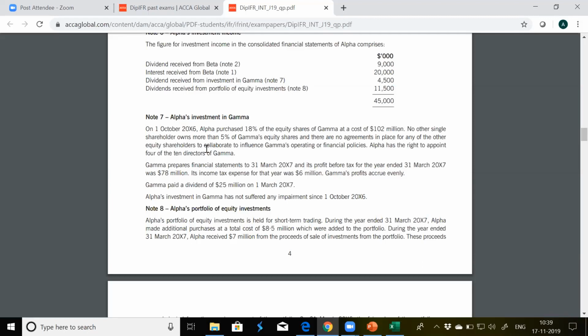They acquired it in the middle of the year, on 1st October 2006. 72 million is the profit for the year.